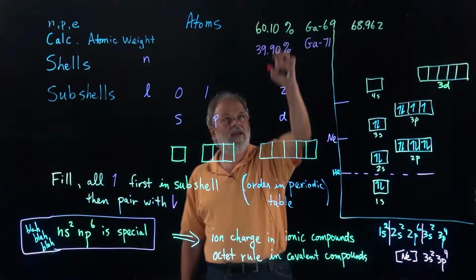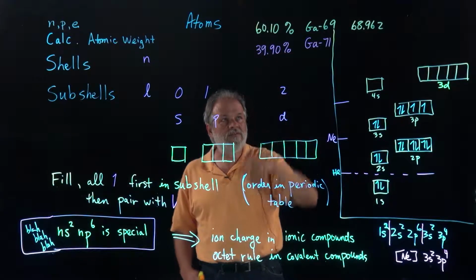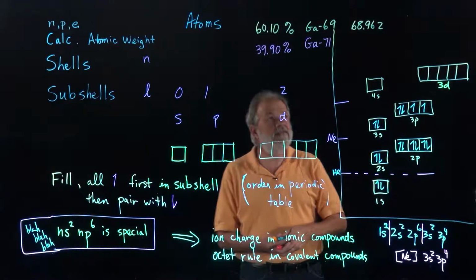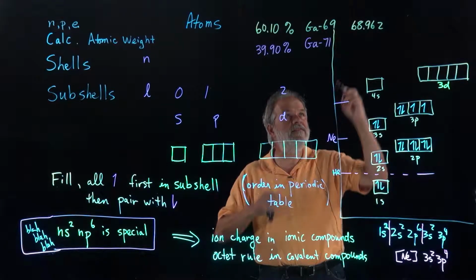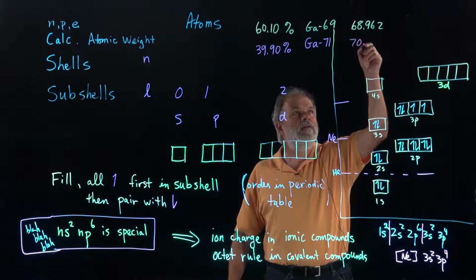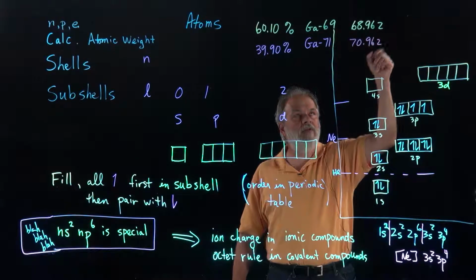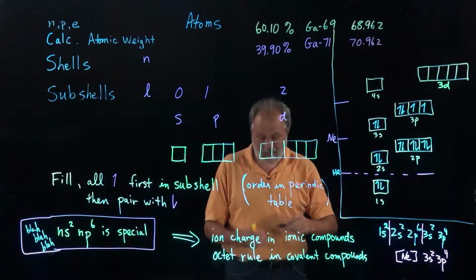So I subtracted this from 100 to get this percent. And its mass, if I'm going to guess, is going to be 70.962. Now, it won't be exactly right, but it's going to be darn close.